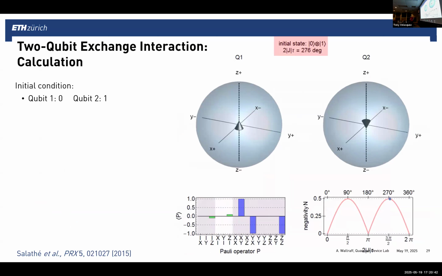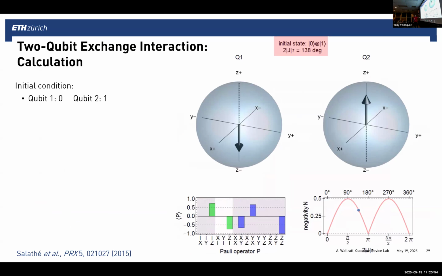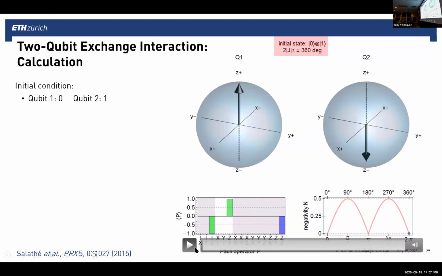So this is the two qubits which you see in their individual Bloch vectors, but the individual Bloch spheres clearly don't capture all the two-qubit physics. So if you want to have the two-qubit physics taken into account, you need to measure all the different combinations of Pauli operators for the two qubits, which then show you all the correlations that this interaction will actually generate.